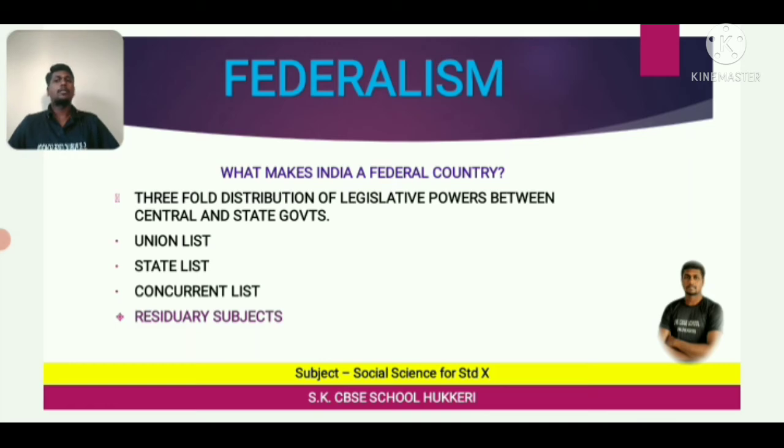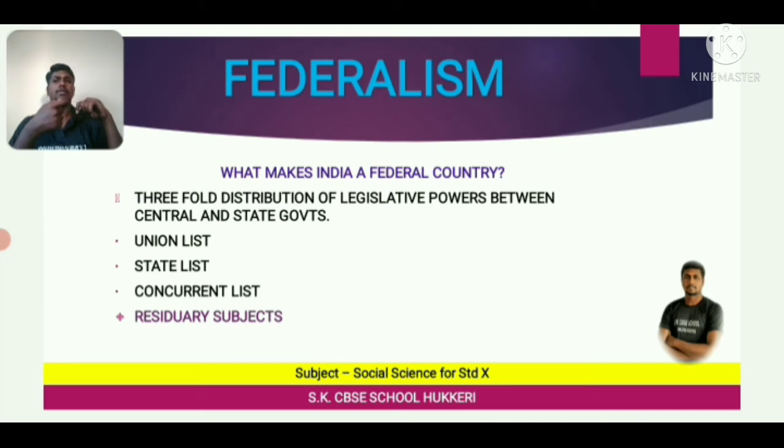And I told you that both the union as well as state governments can make laws over the issues which are included in the concurrent list. And if the laws conflict with each other, think that over forest, which is a subject included in the concurrent list, the state government has brought one law about forest as well as the central government has also brought one law, but both laws have some conflicts.